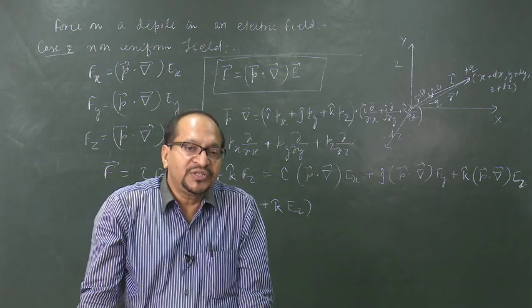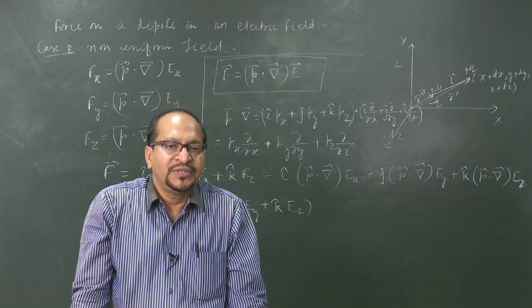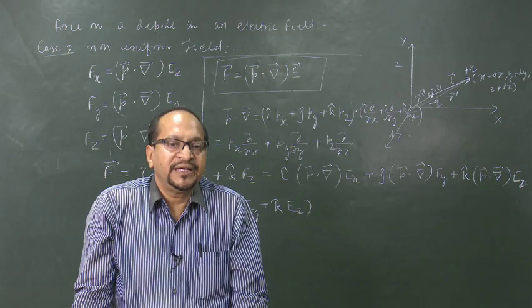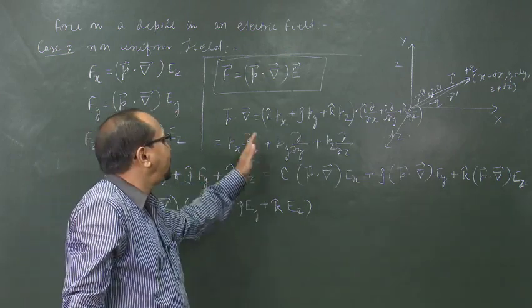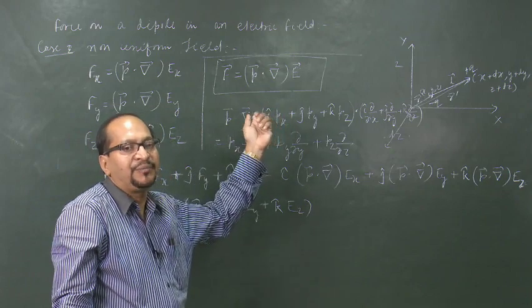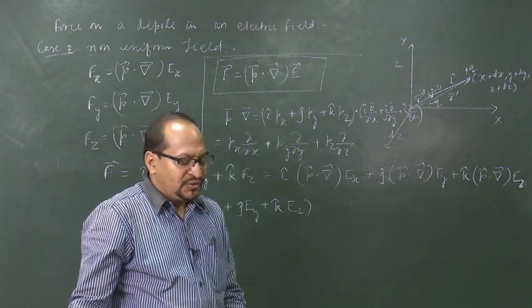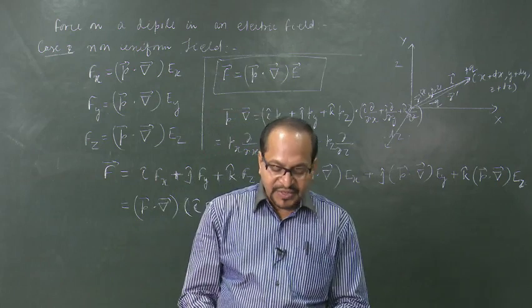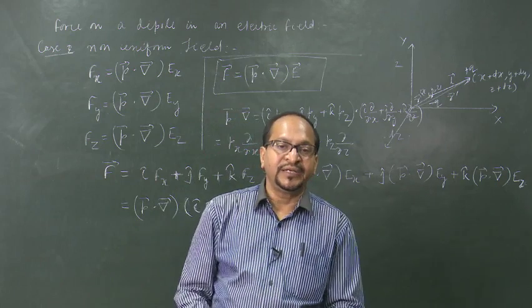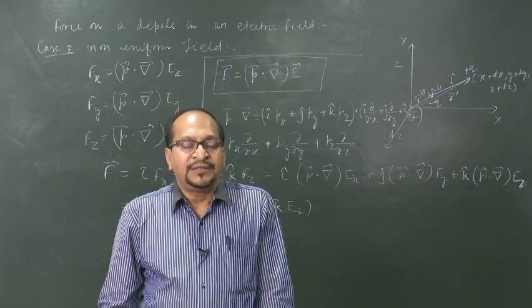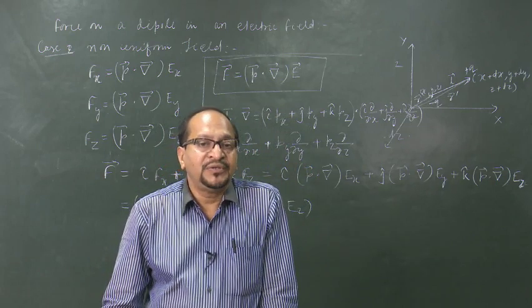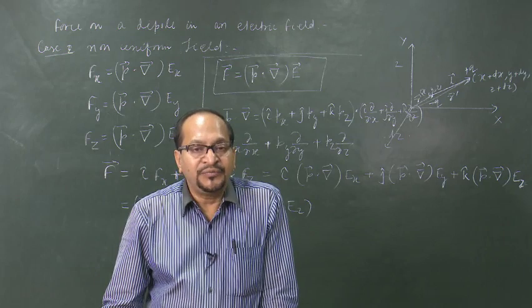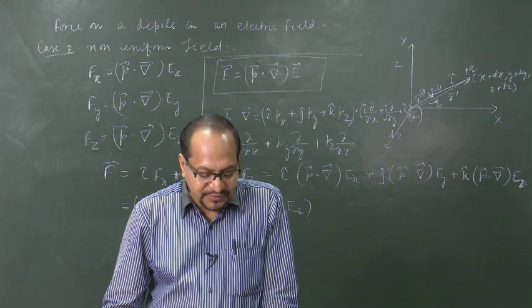In addition to the torque experienced by the dipole, it also experiences a resultant force which is given by (p dot del) operating over E. So, till now we have completed the field and potential of a dipole and what happens to the dipole when it is placed in a uniform or a non-uniform electric field.